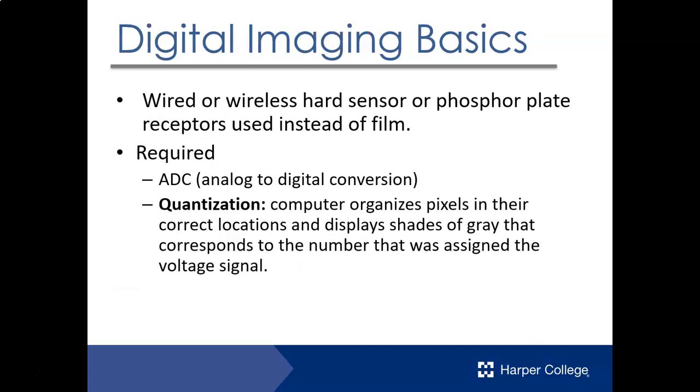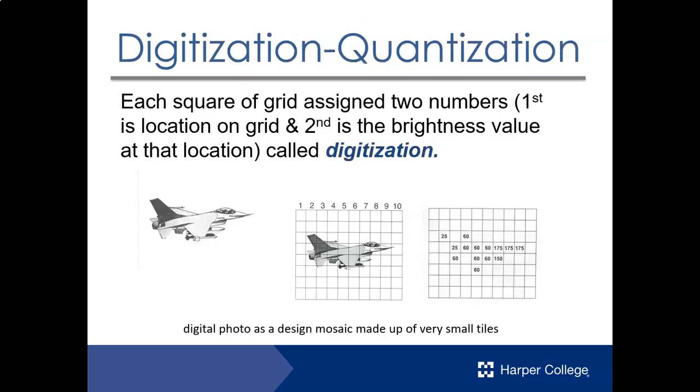An analog to digital converter is required, which helps the computer organize the pixels in their correct locations and displays shades of gray that correspond to the number that was assigned to a voltage signal. In the digitization quantization process, each square of the pixel grid is assigned numbers which determine the location and density of the area.